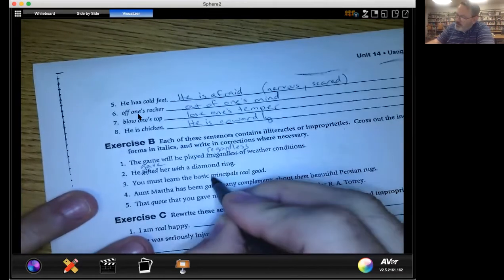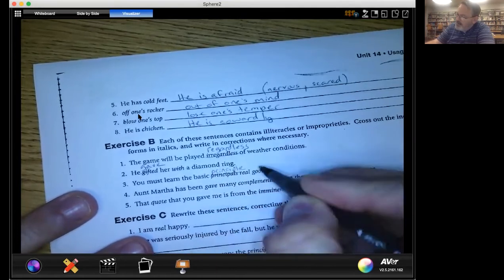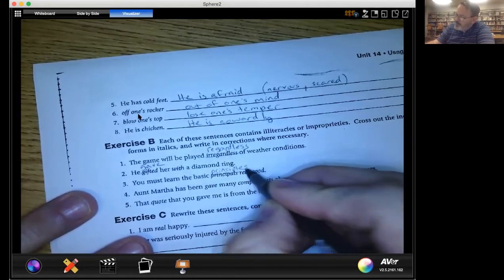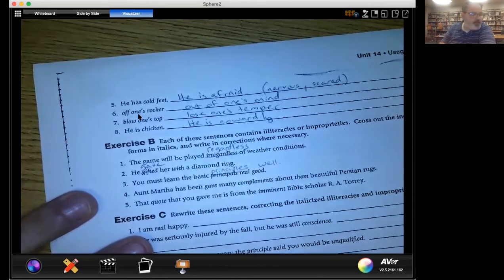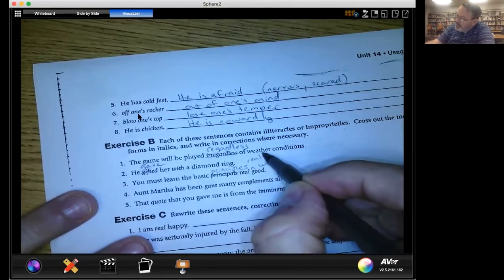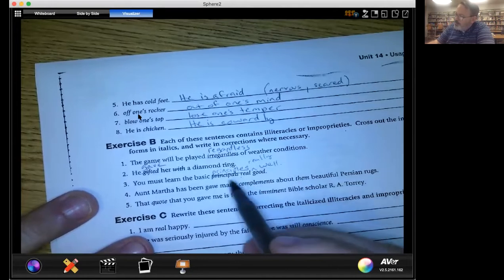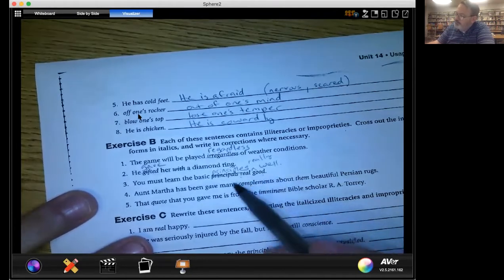So let's do principle. The basic principles well. You must learn the basic principles well. Oh, I guess they want us to say really here because of the word real. Principles really well.